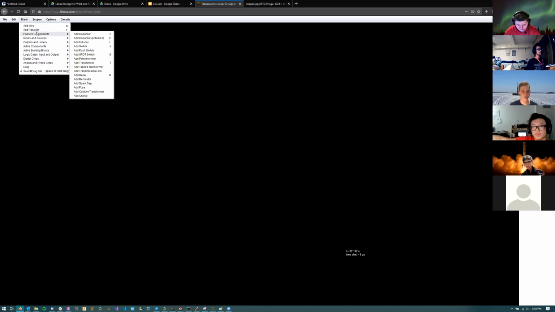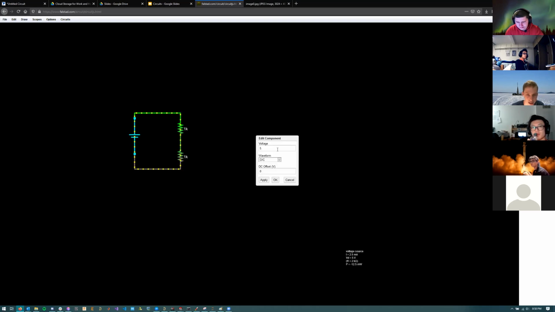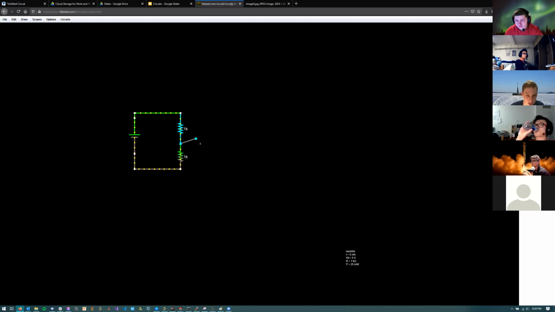And so the easiest way to show you this is with a resistor divider. So if we have a DC voltage source here, can anybody tell me, if this is 10 volts, what is going to be the voltage between these 2 points?